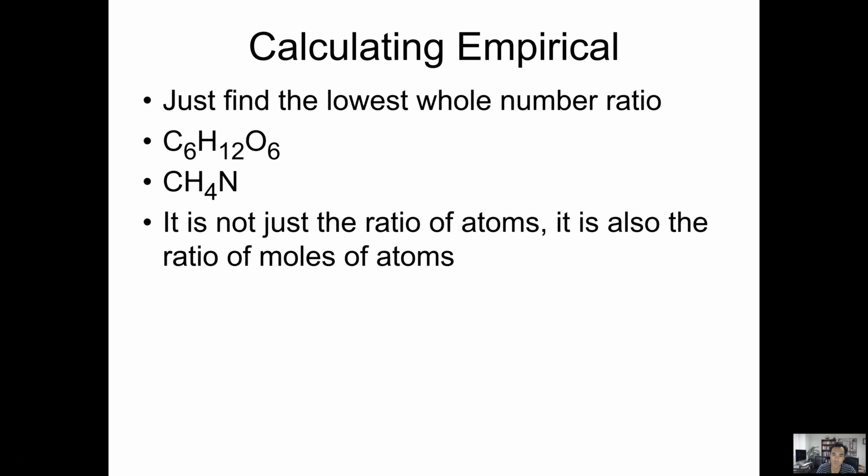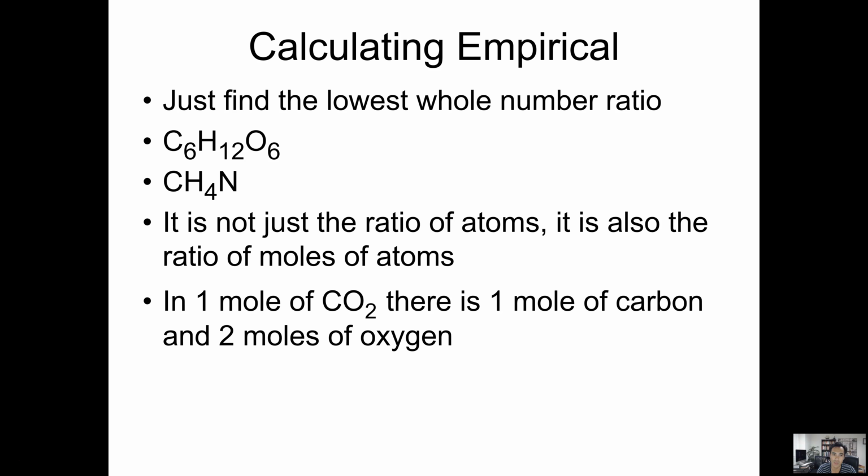So it's not just the ratio of the atoms, it's also the ratio of moles of atoms. So in other words, if we take a look at 1 mole of CO2, there is 1 mole of carbon and 2 moles of oxygen. So if you break this up into multiple parts, carbon dioxide can have 2 moles of O and 1 mole of C, or also 1 mole of CO2.